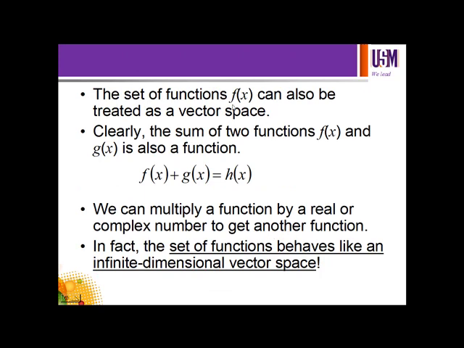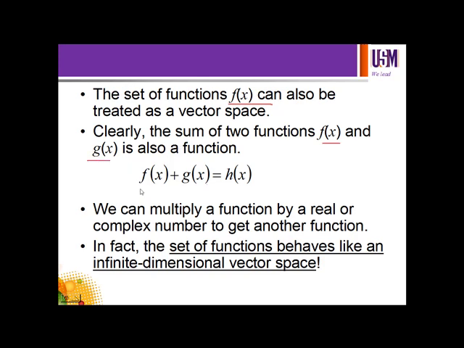The set of functions f(x) can also be treated as a vector space. All this while, we have been talking about functions, wave functions and so on. So the function f(x) can also be treated as a vector space. That means a function can represent vector spaces. Clearly, the sum of two functions f(x) and g(x) is also a function.